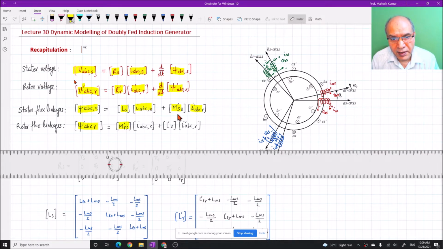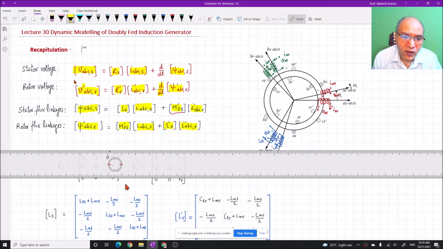Now this is M_sr, this is M_rs prime, into i_abc,s. The mutual inductance is because of the currents flowing in the stator winding which link the rotor winding, and this is the self-inductance of the rotor side circuit referred to the stator side. So this is L_r prime into i_abc,r prime. So these are the equations that we developed in the previous class.